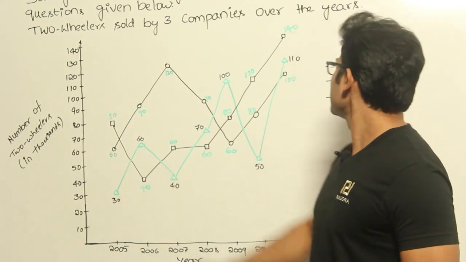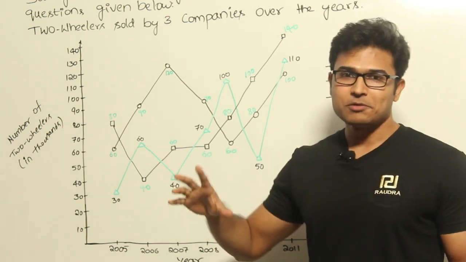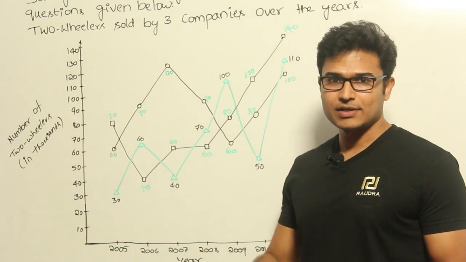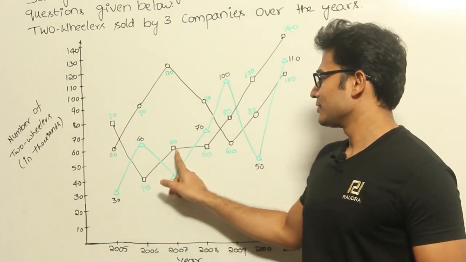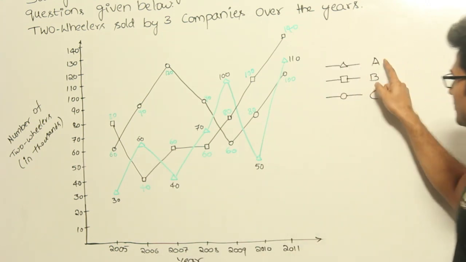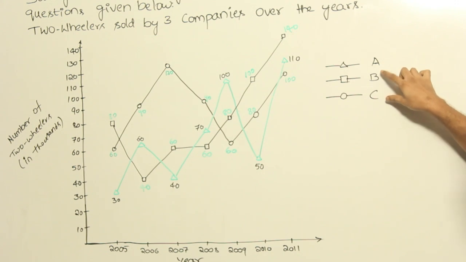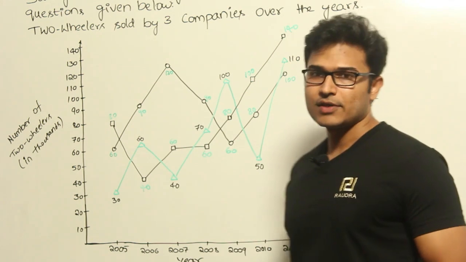The triangles represent the sales of company A, the squares represent sales of company B, and the circles represent sales of company C.